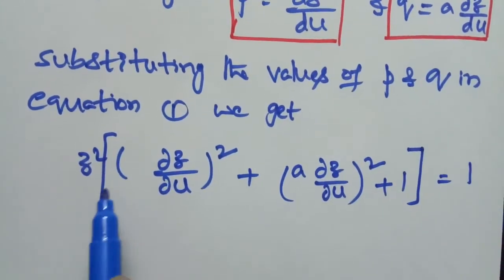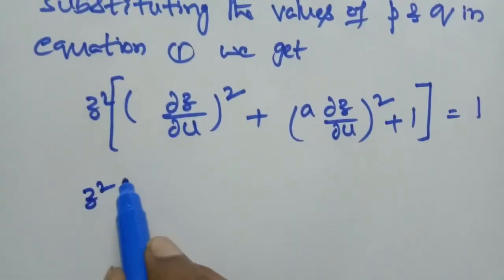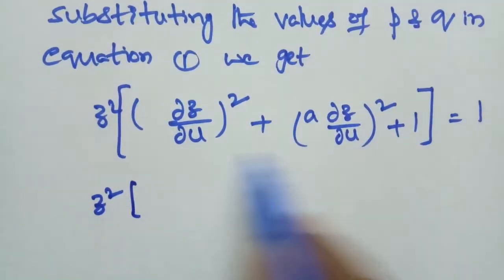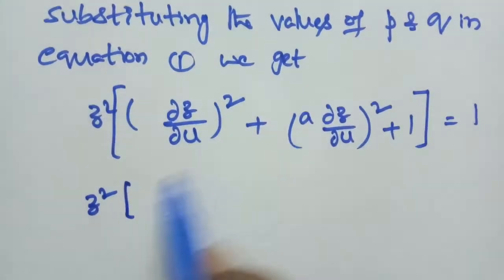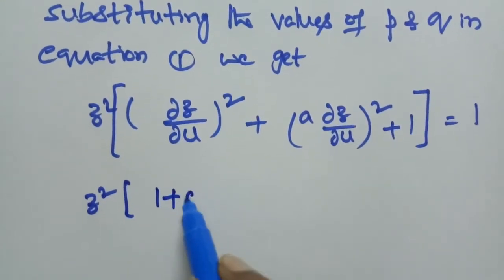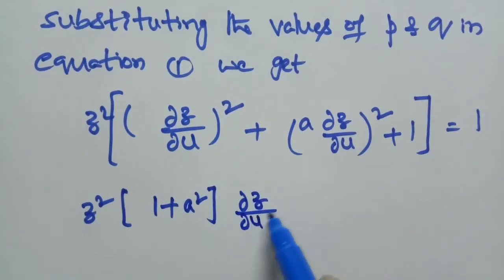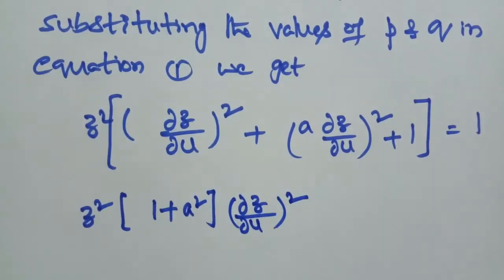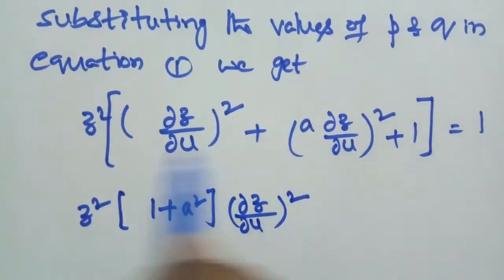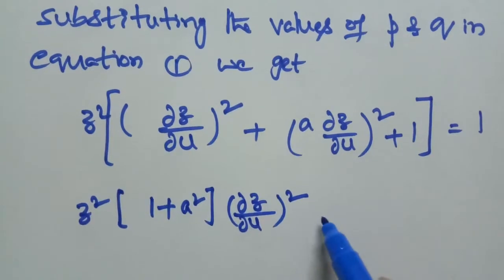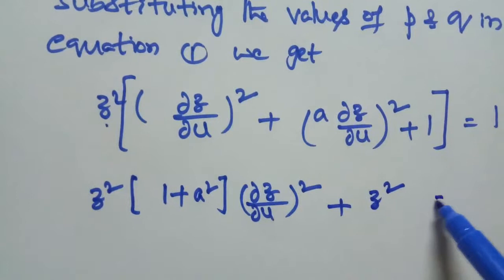Therefore, this can be written as z square into dou z by dou u whole square is a common factor: 1 plus a square into dou z by dou u whole square, and z square into 1, z square, equal to 1.